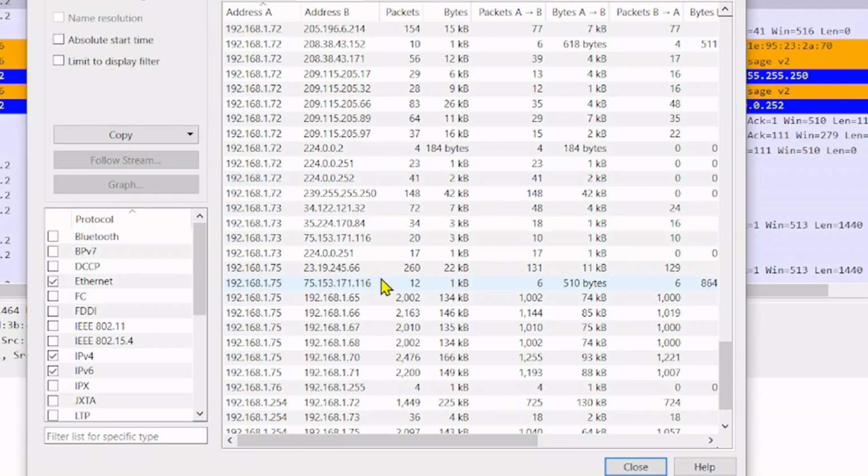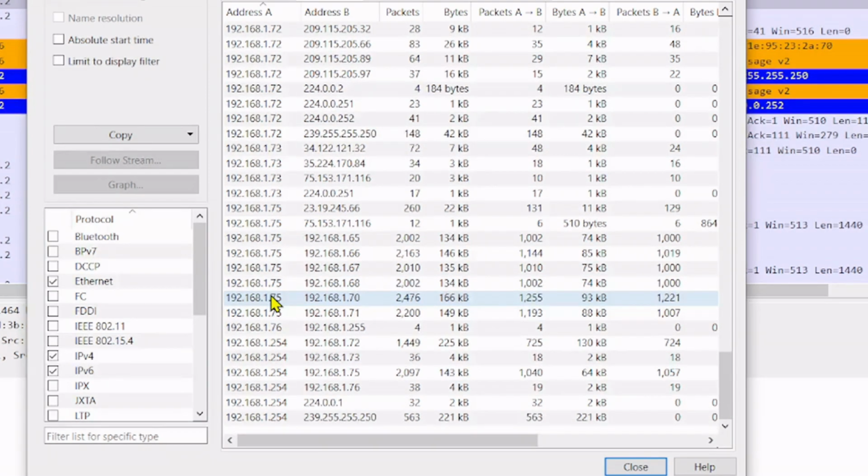I know that. Something that stands out to me here is if we look at this one right here, communicating with another private asset. We have 1.65, we got 75 talking to 66, 75 talking to 67, 75 talking to 68, and so on. That's a lot of communication between this machine and a variety of machines in the exact same network.